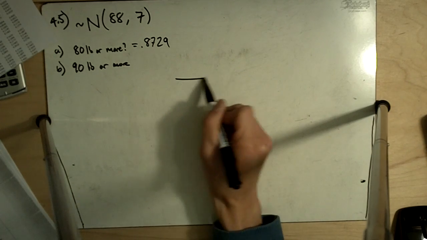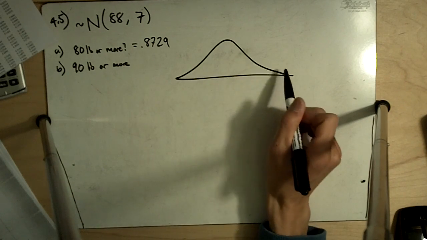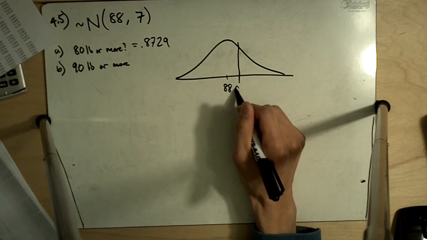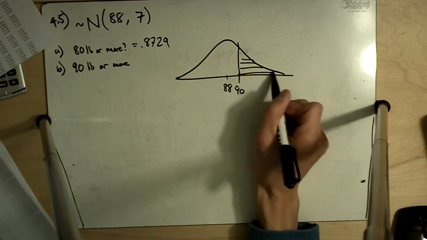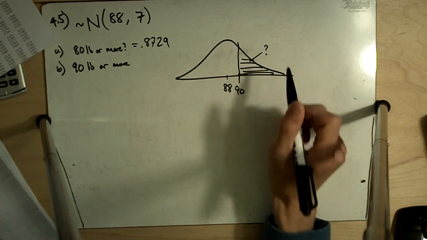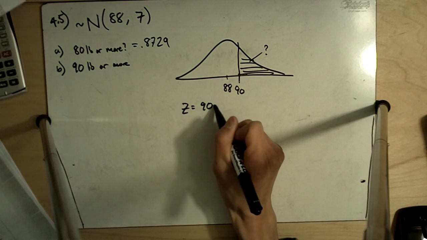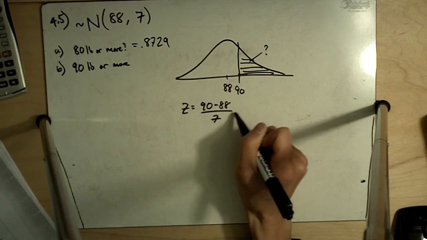So same thing, except we're centered at 88, and this time 90 is to the right. We want to know what's over there, and so we do z, 90 minus 88 divided by 7.